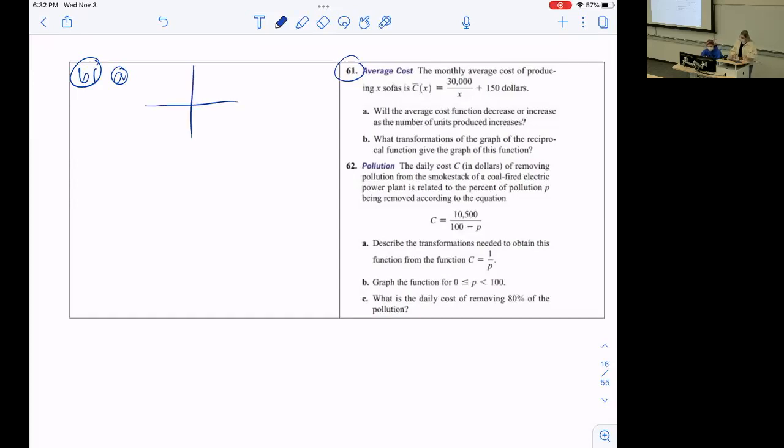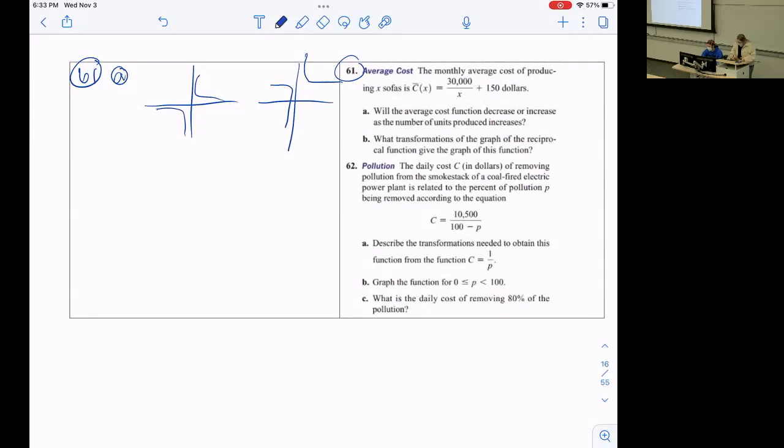And since we have a reciprocal function, we know that it will look something like this. And with the transformations, we know that there's a vertical shift of 150 and a stretch of 30,000. So it will look something like this.